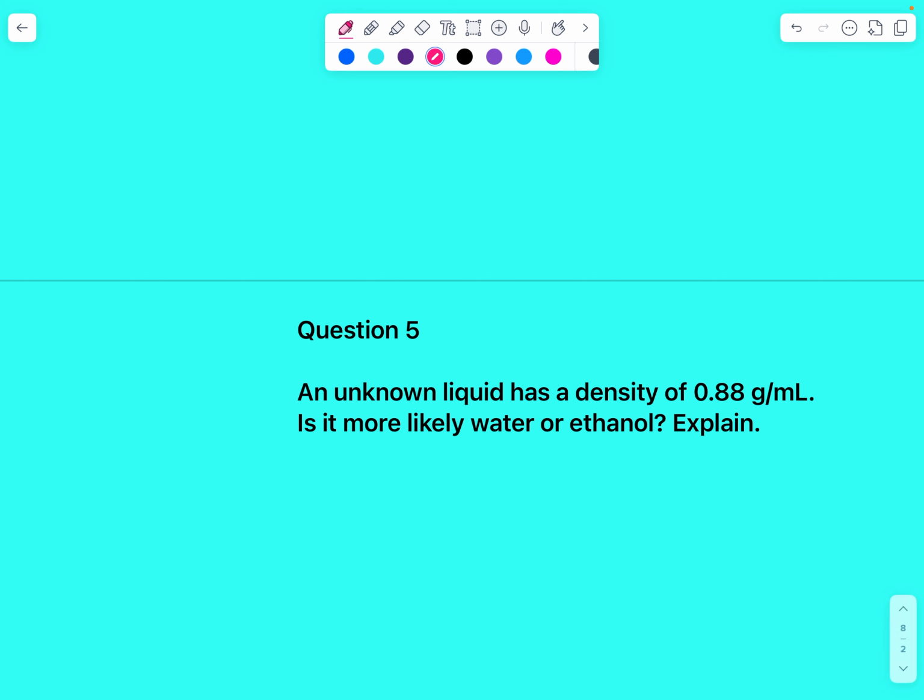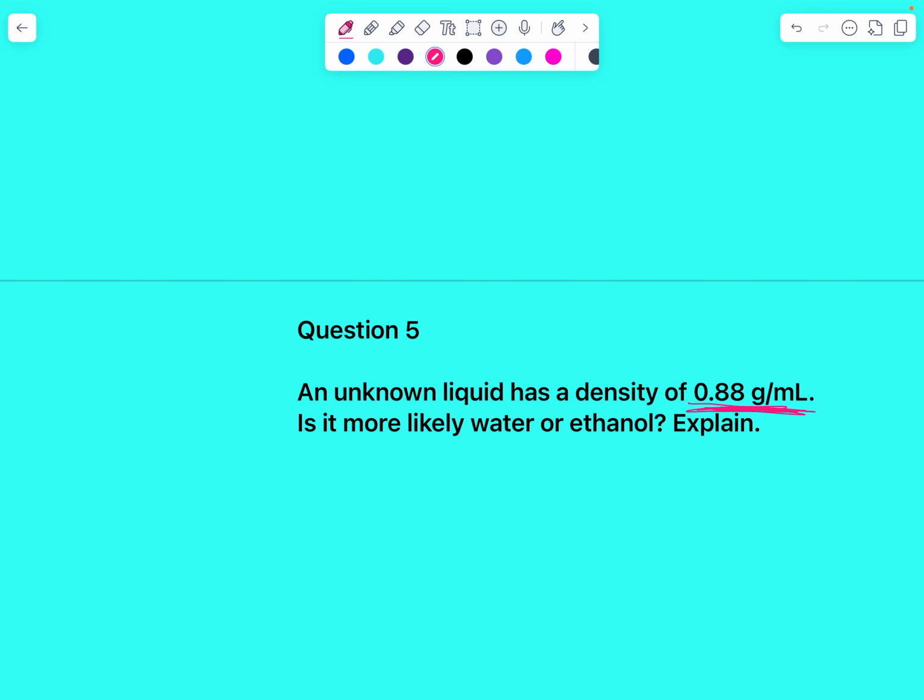An unknown liquid has a density of 0.88 grams per milliliter. Is it more likely water or ethanol, and explain? So this one's a bit of a doozy. I know that the density is, you guys, is this density more or less than water? It's less than water because 0.88 is less than 1 gram per milliliter, right?